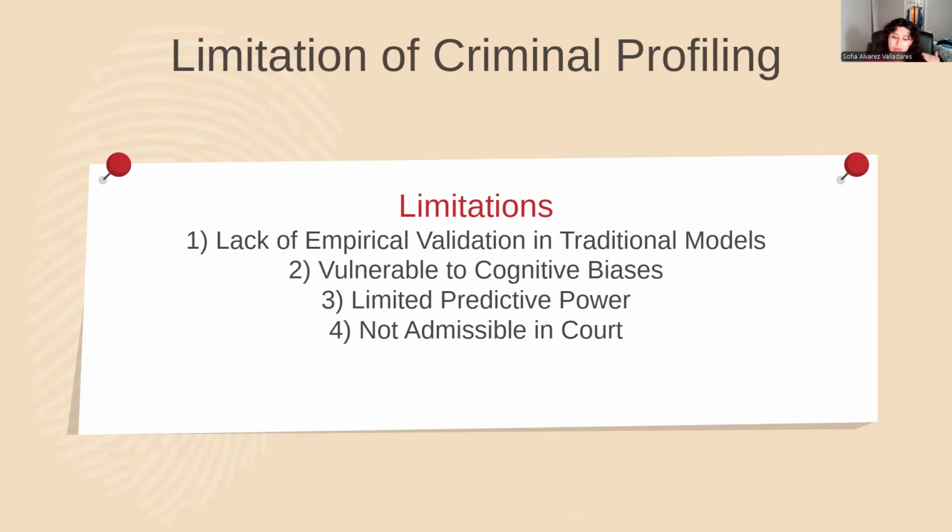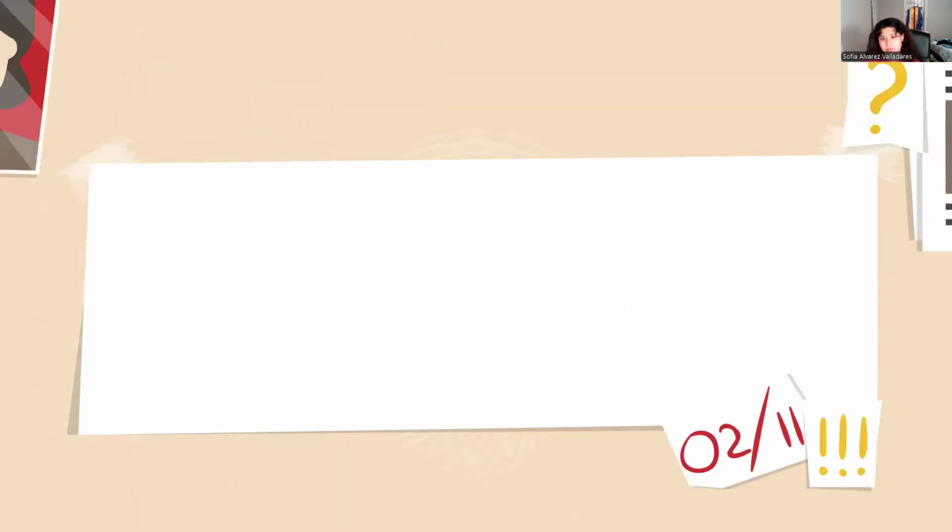Additionally, when profiling becomes predictive, it suggests possibilities and not certainties. And finally, the issue is that it's inadmissible in court, so it won't be able to help convict a person in court, but it helps inform the investigation.